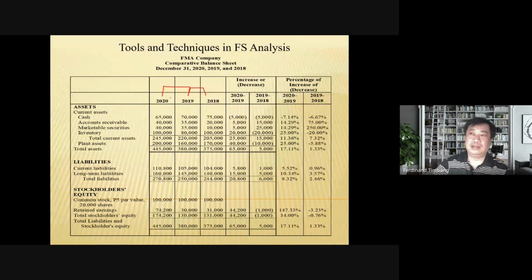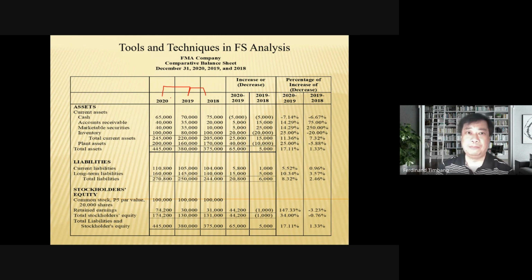But in making the analysis, gumawa ka na ng paragraph for that one. So let's say you're analyzing 3 years, 4 years, 5 years, you may show na, let's say, from 2018 to 2020, the increase in cash is at this percentage.